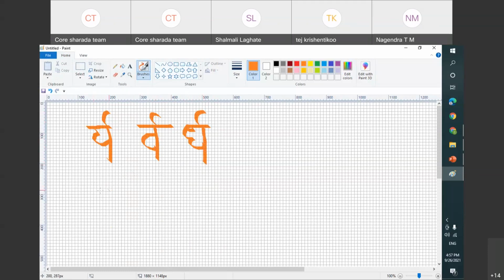So it is R, Y, we know, just like a Dh. R, V, we know. Just see, you will understand the very fine difference between these two things. And you see R, Dh.